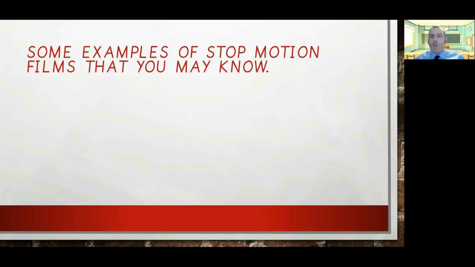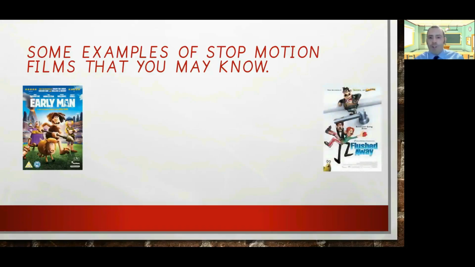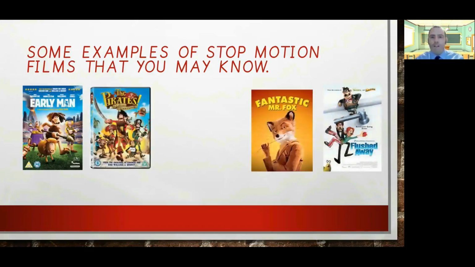So some examples of stop motion films that you may already know of, to give you some ideas of what's possible with this software. You've got my example at the beginning, a really simple, nice way of showing you how it works. Now, these guys have gone the next step. You've got Early Man, Flushed Away, The Pirates. The Fantastic Mr. Fox is a slightly different way.